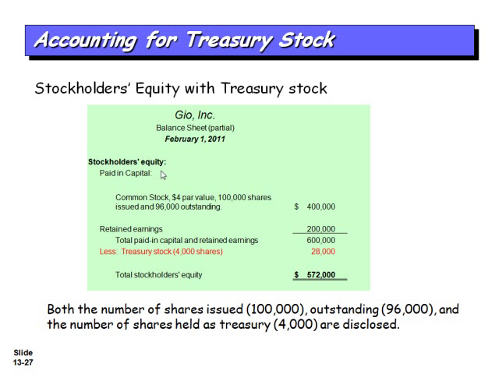Retained earnings doesn't change, and we subtract treasury stock, $28,000, for a total stockholders' equity now of $572,000. By buying that treasury stock, we reduced cash, the left side of the accounting equation, and we reduced stockholders' equity. And you can see the number of treasury shares is also disclosed.